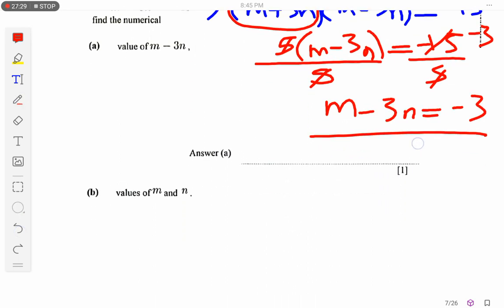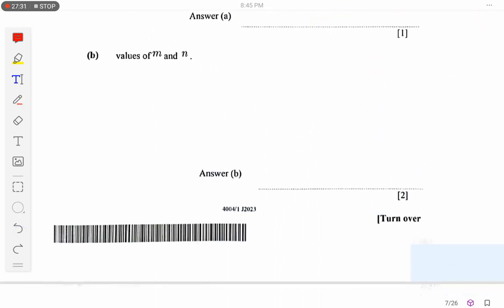Okay, let's move on. Then they want us to find the values of m and n. You find out now we have two linear equations that we have generated, the one for m plus 3n and the other one for m minus 3n. So for the m minus 3n, we got m minus 3n is equal to minus 3.